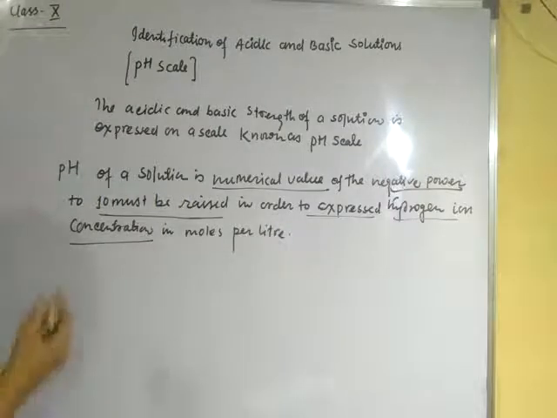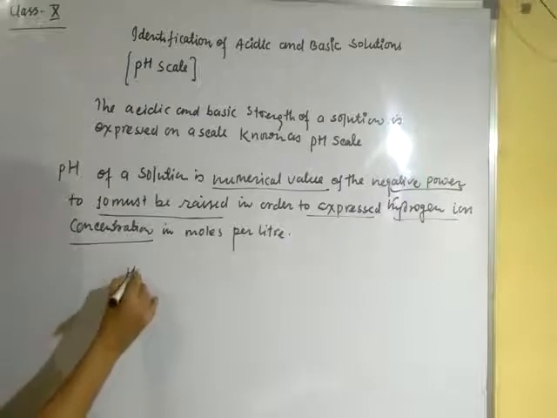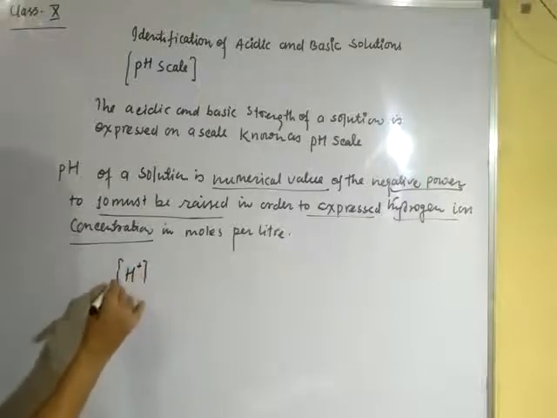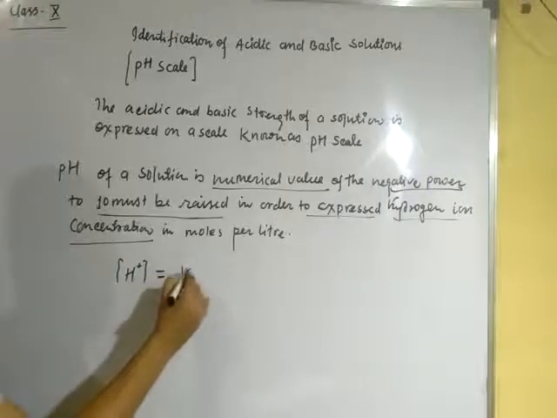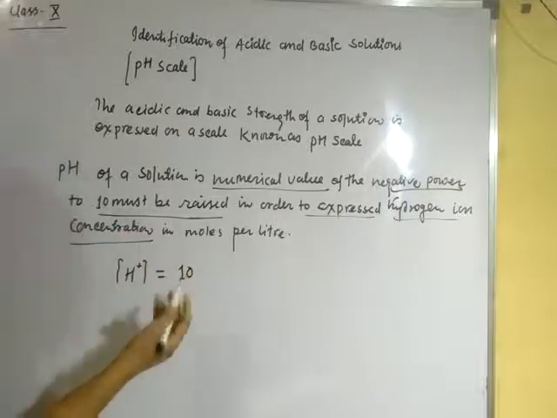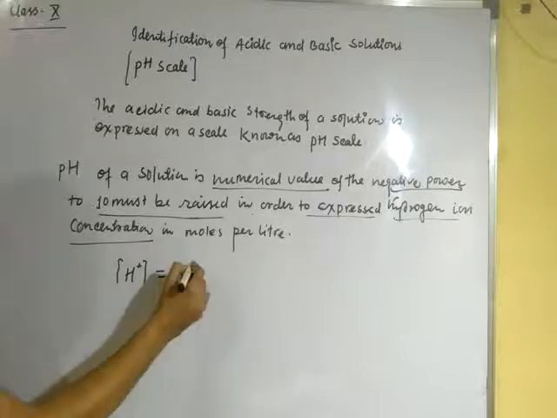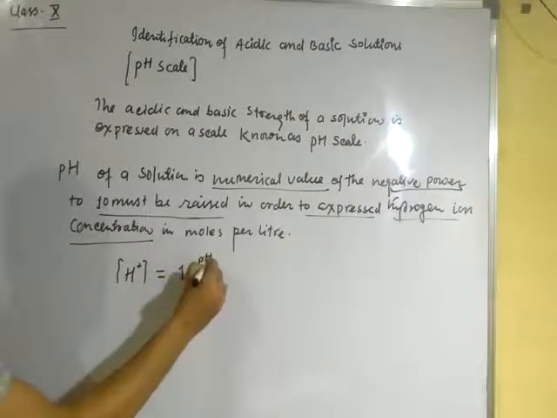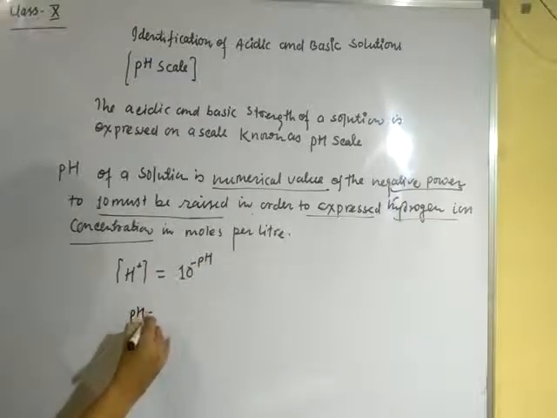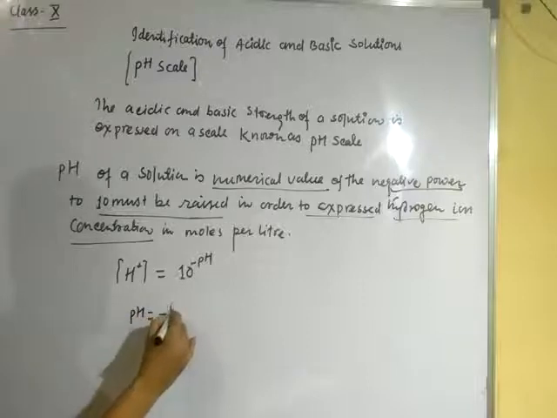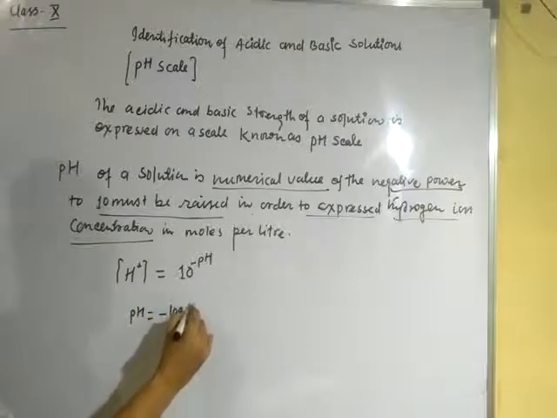So according to the definition, the concentration of H plus ion is equal to 10 to the power minus pH. Clear, dear student? In other words, pH is equal to minus log H plus ion concentration.